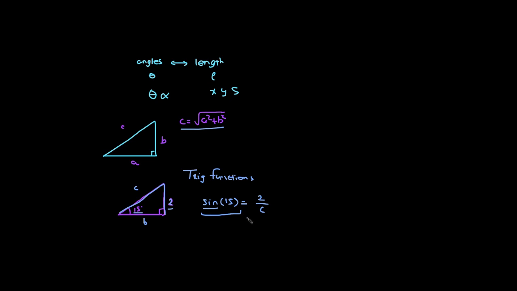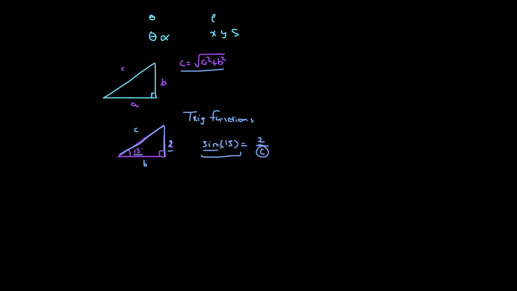You can just plug it into your calculator, which means we can solve for C. I'll multiply both sides by C, that gives me C times sine of 15 equal to 2, and then I'll divide both sides by sine of 15, and I get C is equal to 2 divided by sine of 15.